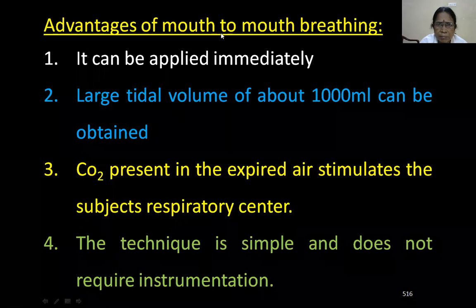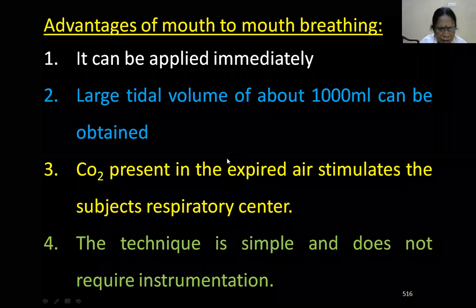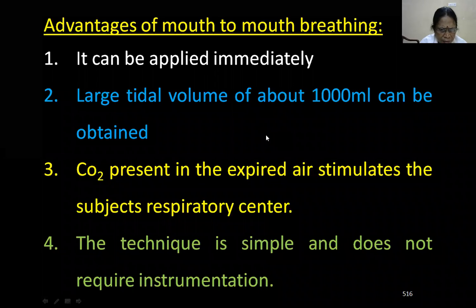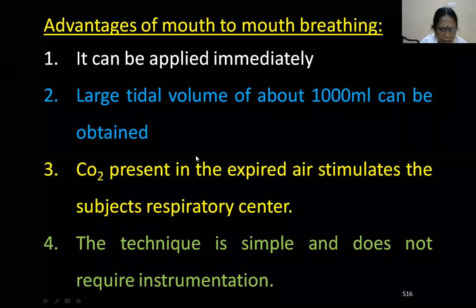The air you are blowing contains carbon dioxide, which is a respiratory stimulator, chemical regulation of respiration. I told you, carbon dioxide enters and crosses the blood-brain barrier, and then it is converted into hydrogen ions. These hydrogen ions are a direct stimulant.